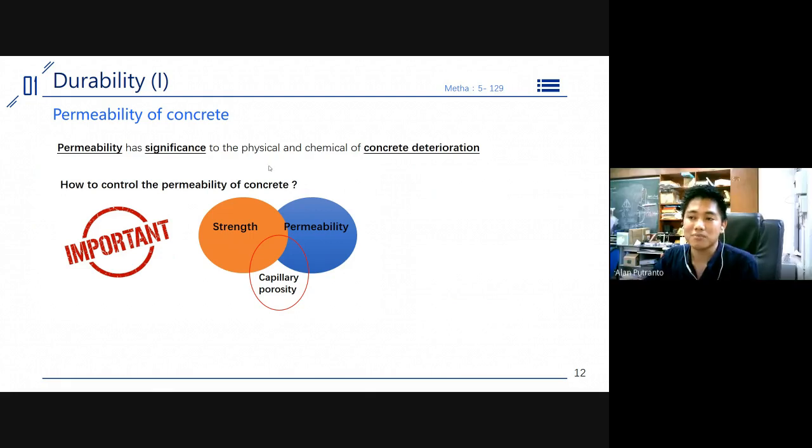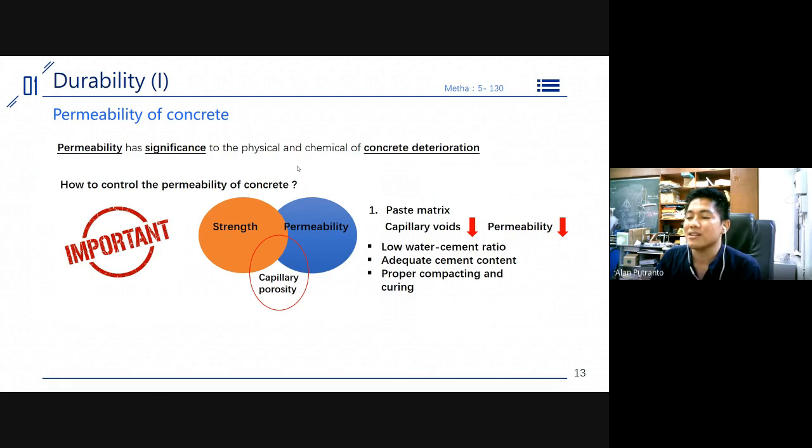Now, strength and permeability are both related to the capillary porosity. First, when capillary voids decrease, the permeability will decrease. So when we have no space inside the concrete, or small spaces become little space inside the concrete, the permeability will decrease so much.